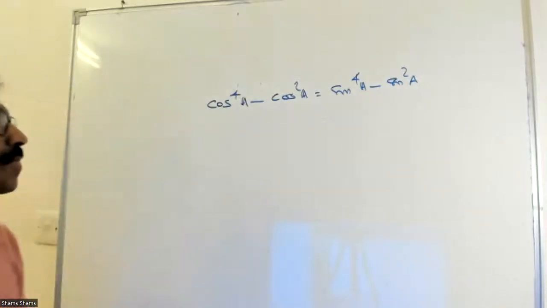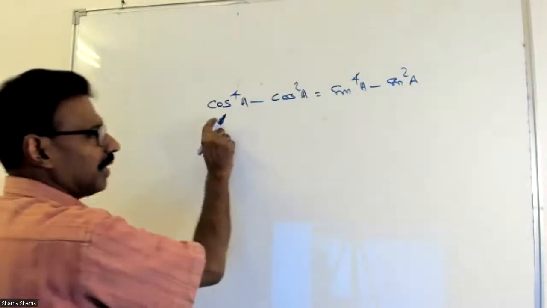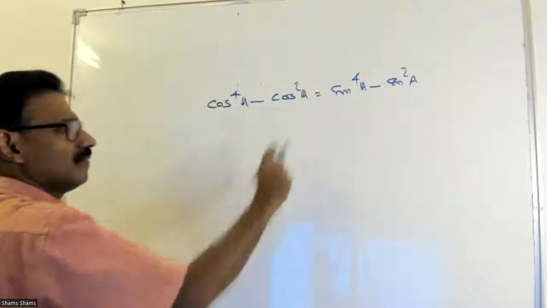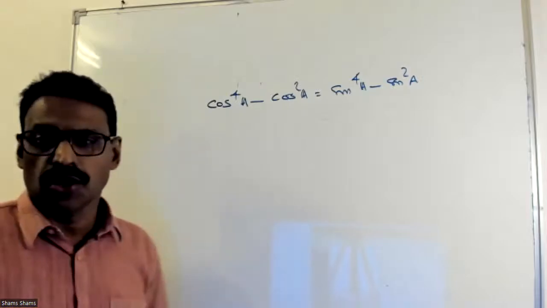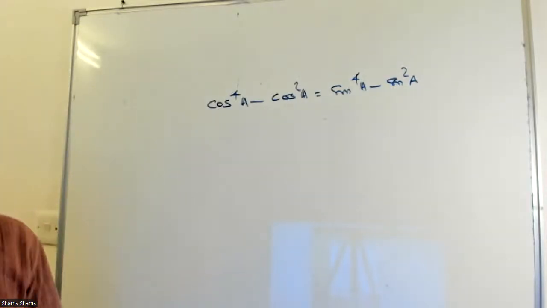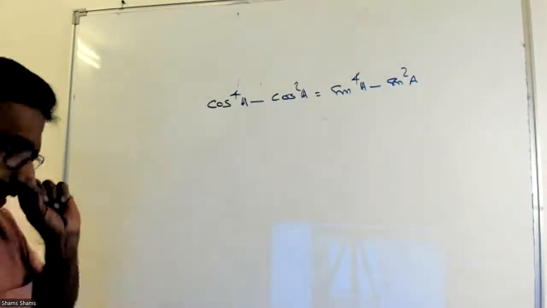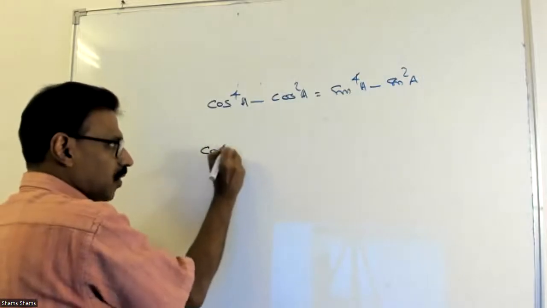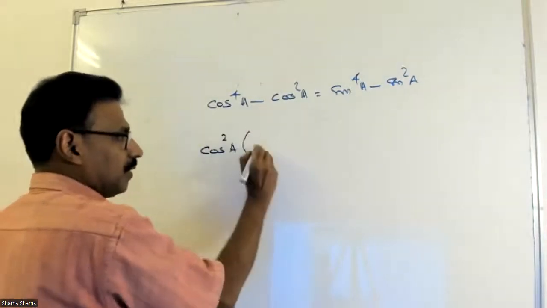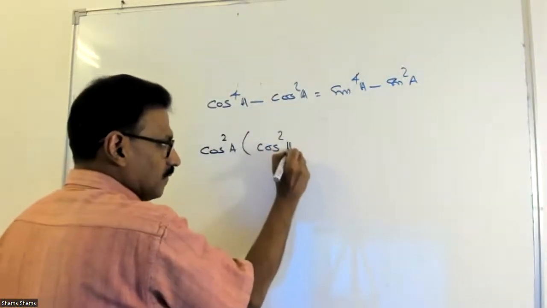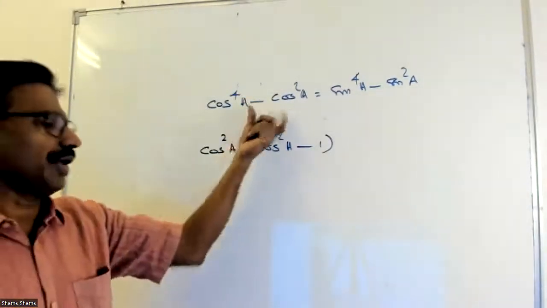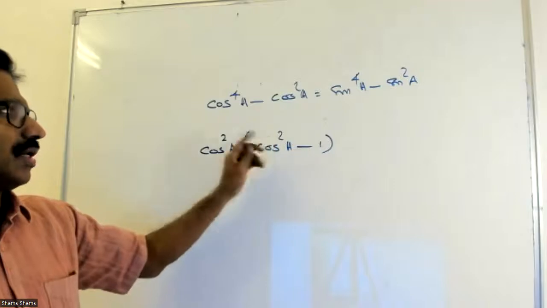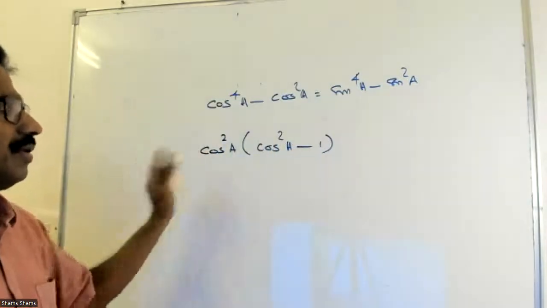Look at here. What is the common here? Cos raised to 4a minus cos square a. Cos square a is common. Here it becomes cos square a minus 1. This step clear now? I took cos square a common, so from cos raised to 4a, cos square a gone, cos square a minus 1.